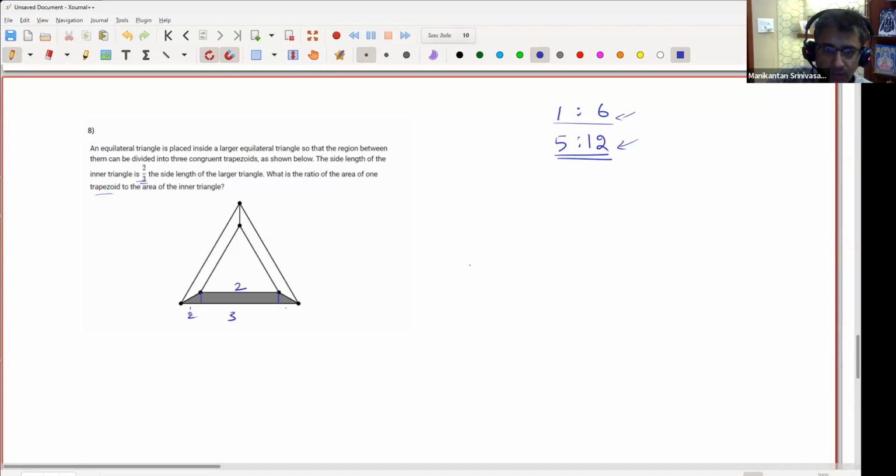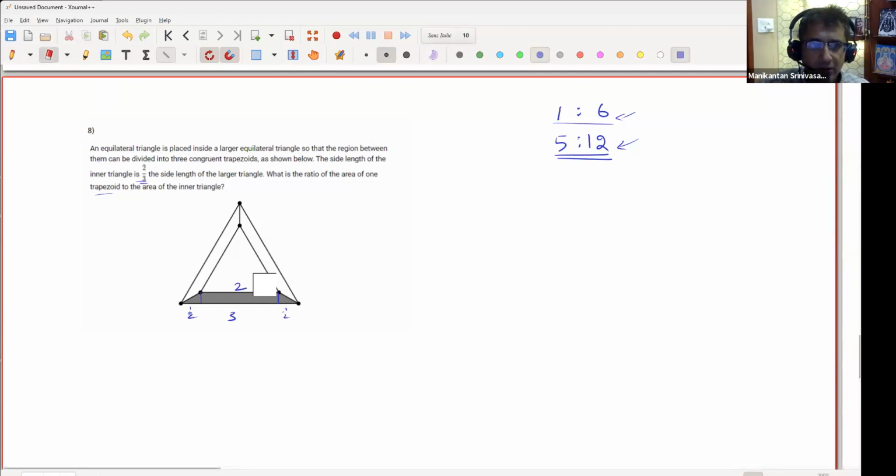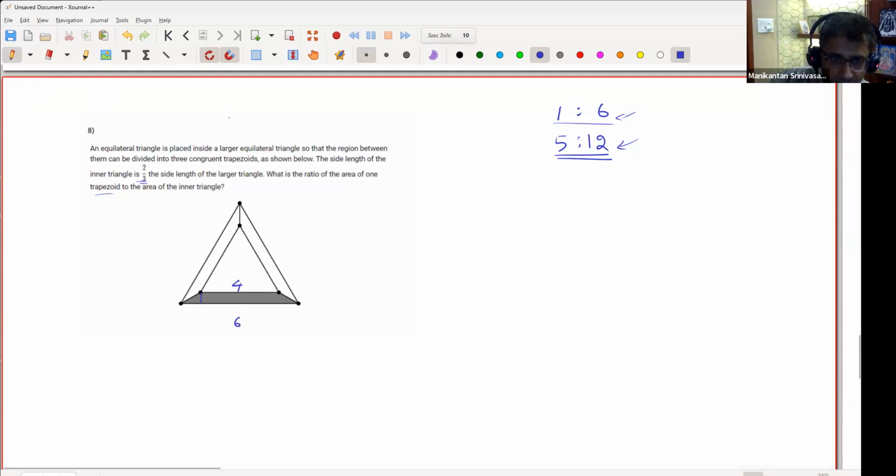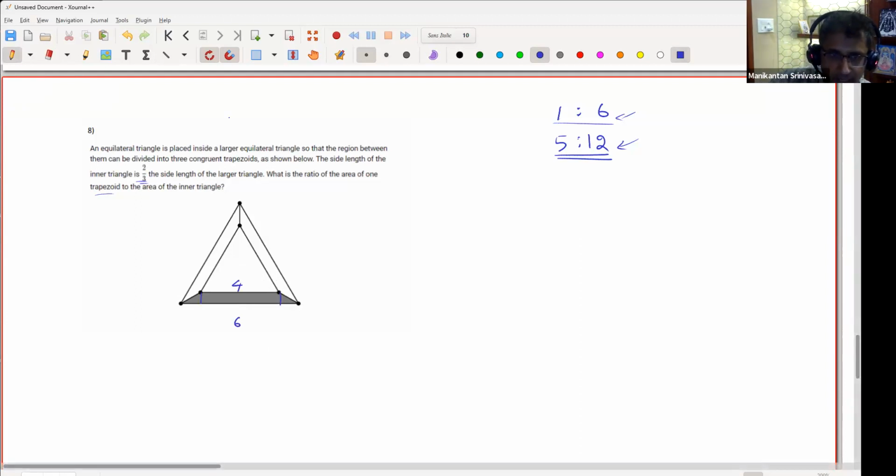To the extent possible, I want to avoid fractions. I'll go with bigger numbers like 4 and 6, so that the balance, 6 minus 4 is 2, can be split as 1 and 1 here.